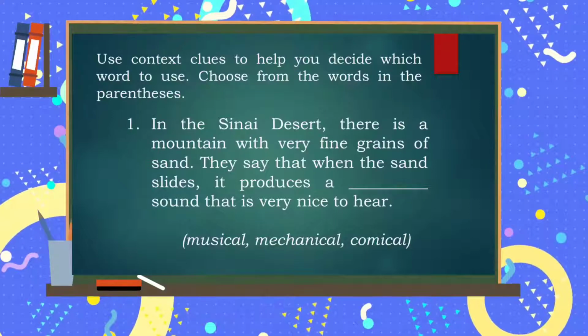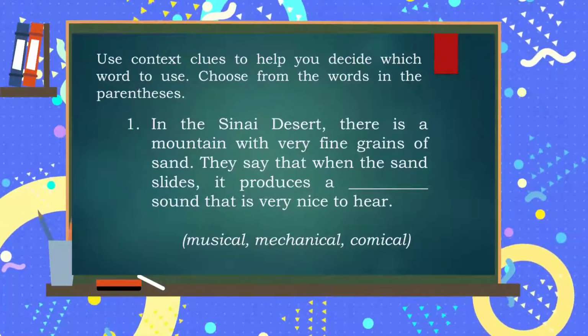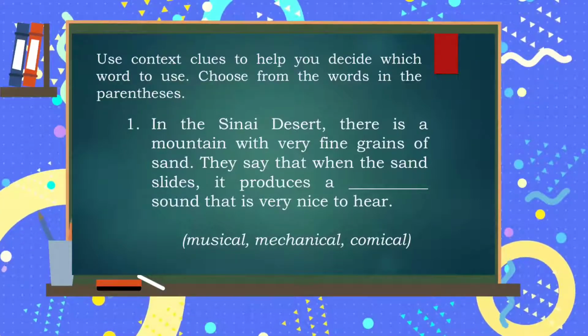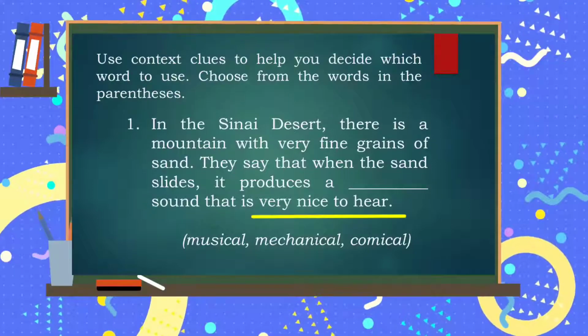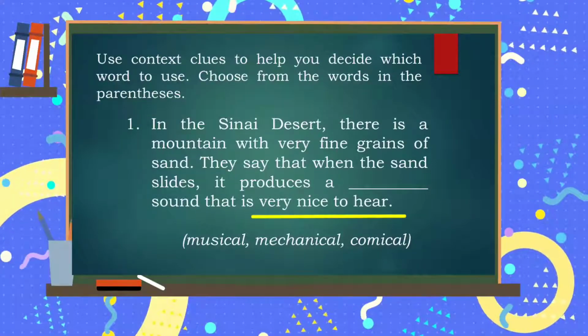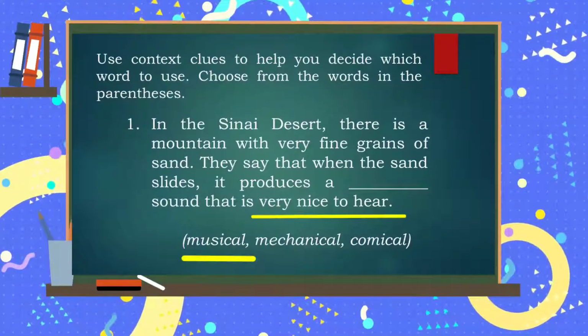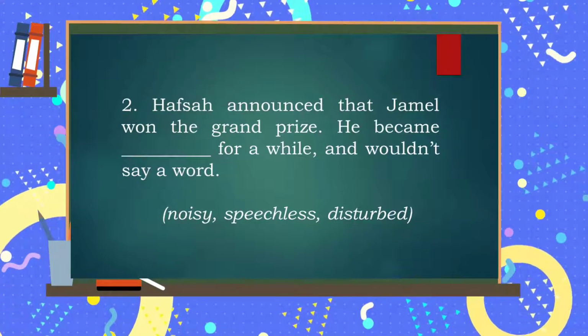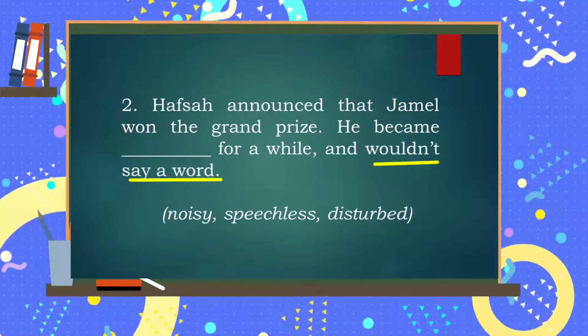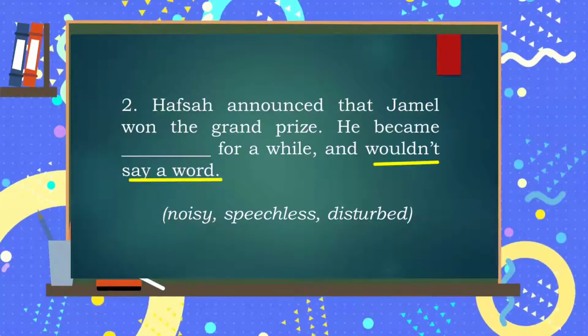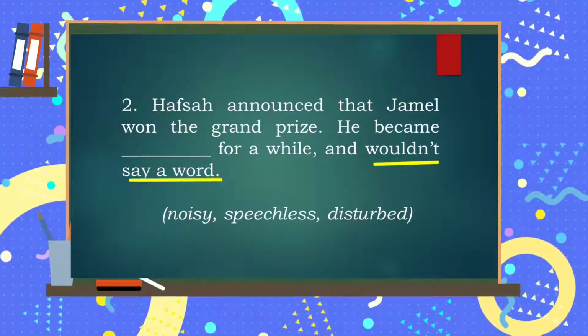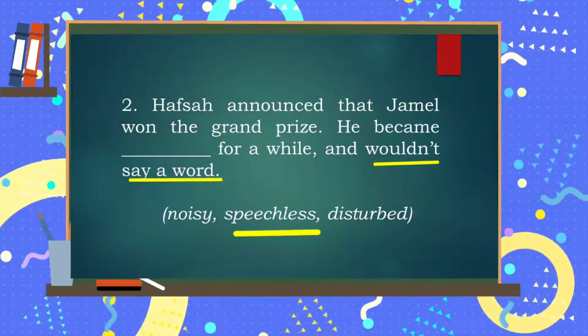Let us check your answers. For number 1, the clue word is very nice to hear, which means the sound is musical. For number 2, the clue word is wouldn't say a word, meaning the answer is speechless.